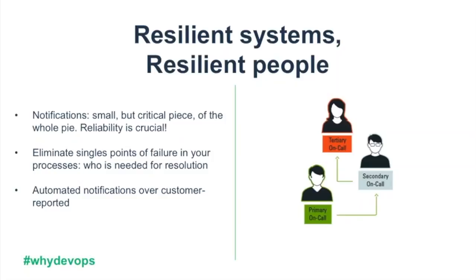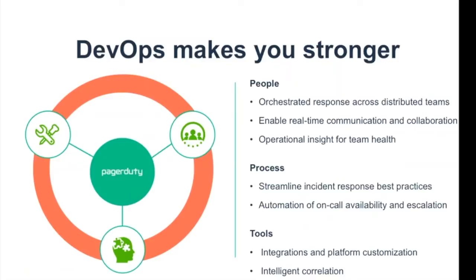We give them the platform to communicate and collaborate on incidents and alerts, and to give good metrics on what is actually relevant for the team in order to understand health.